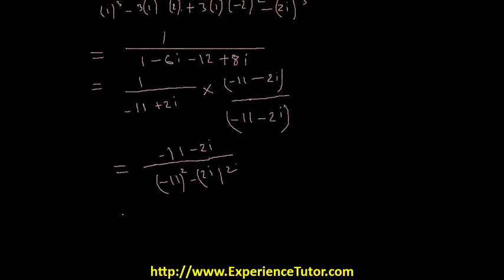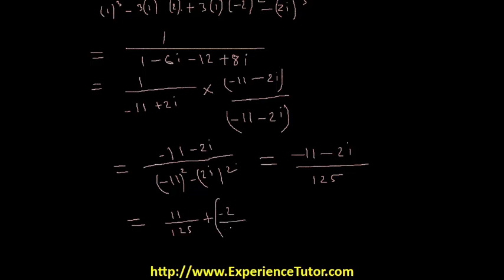Now upon solving we can get the value as minus 11 minus 2i upon 125, which is equal to minus 11 upon 125 minus 2 upon 125 i.